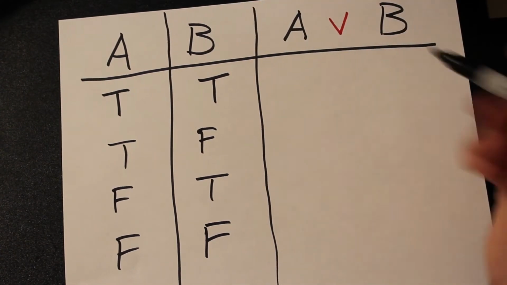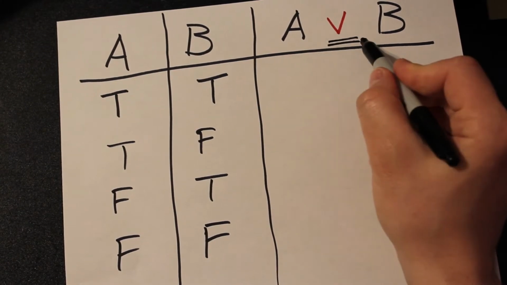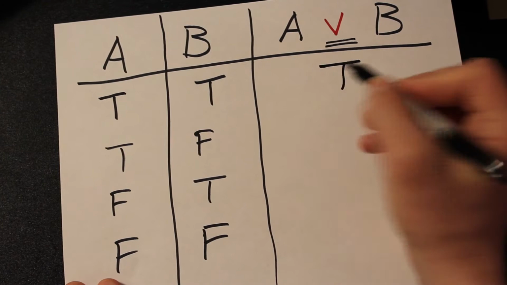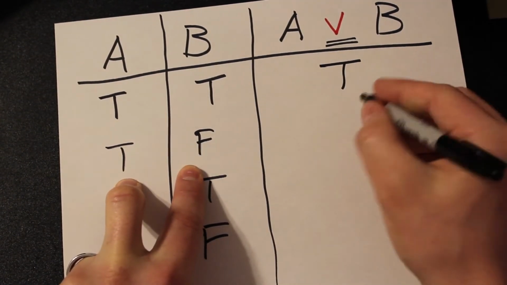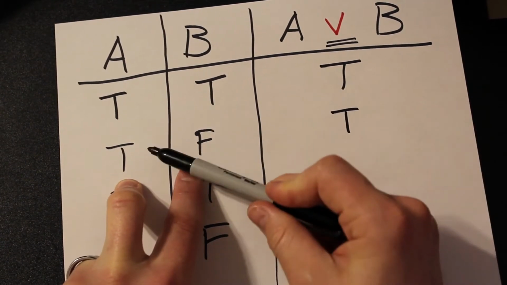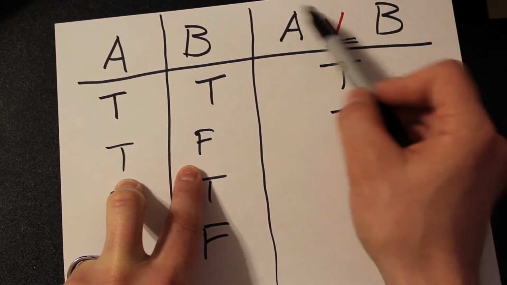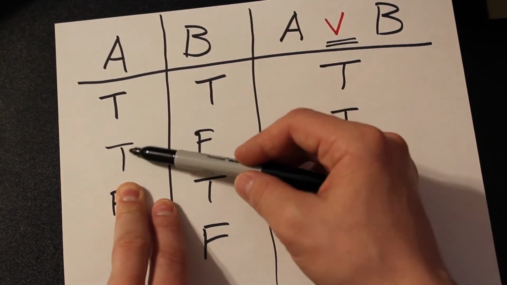They're both true. Since we're defining this to be inclusive, that basically means at least one of them had to be true. So in this case, this is going to be true as well because it says Anne goes swimming or Bob goes swimming. If Bob didn't go swimming, then Anne must have gone swimming, and that's the case that we have here, that Anne goes swimming is true.